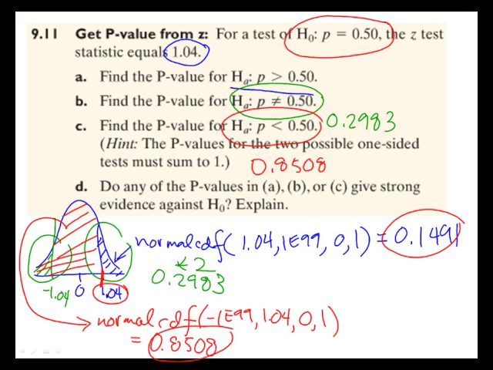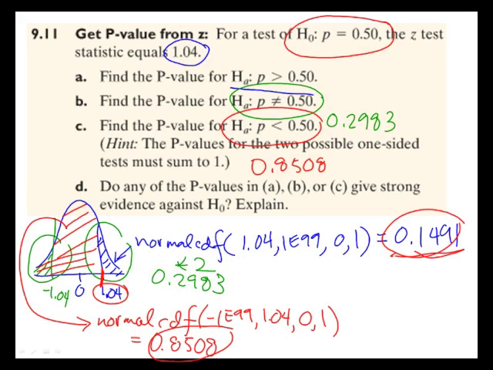Do any of these values give strong evidence against the null? And if so, which ones? And why? They're all weak, or moderate to weak. This one might be considered moderate to weak for some. But none of them are going to be strong.